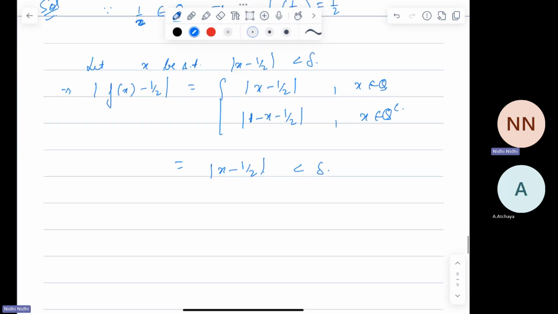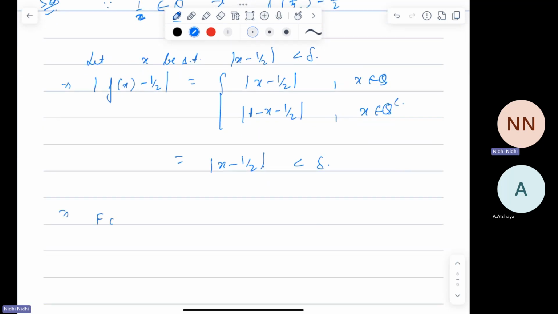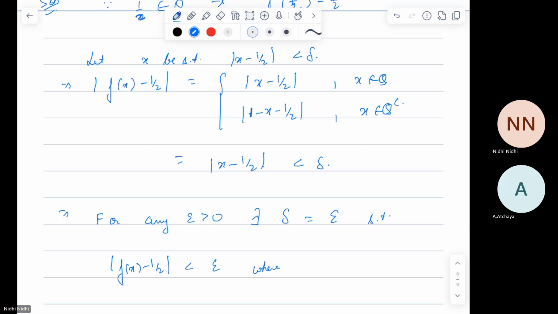Now this implies for any epsilon positive, there exists a delta, which is actually equal to epsilon, such that mod f(x) minus 1 by 2 is less than epsilon, because epsilon and delta are the same, whenever mod x minus 1 by 2 is less than delta.